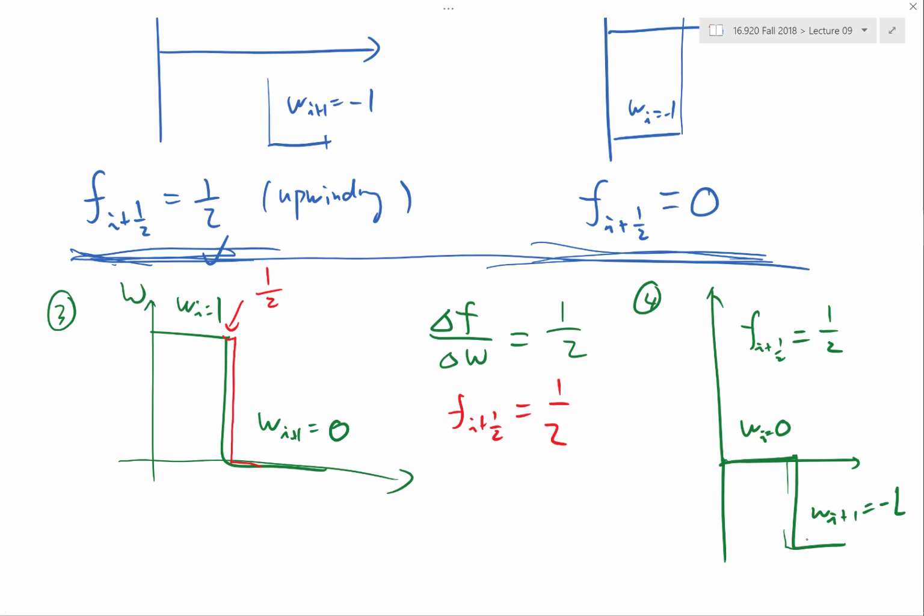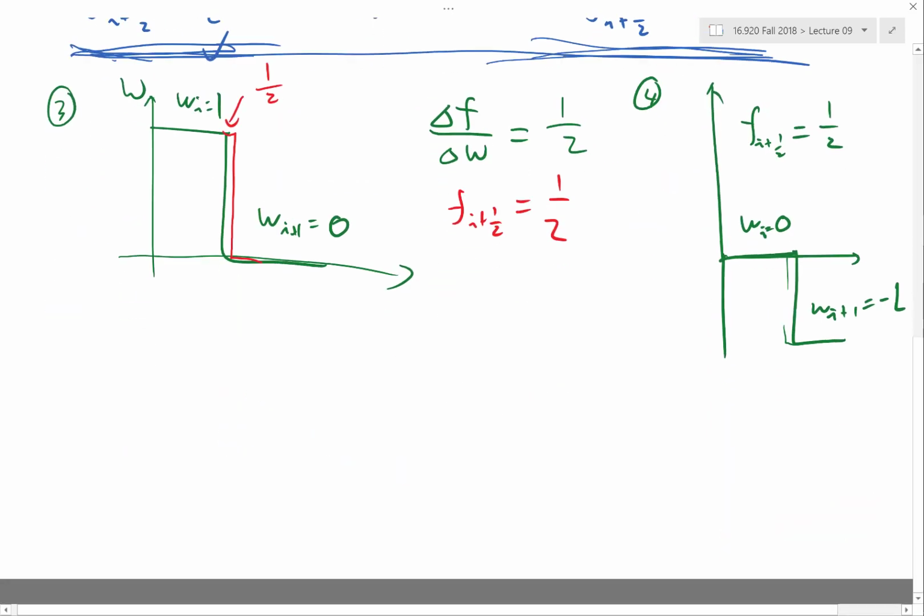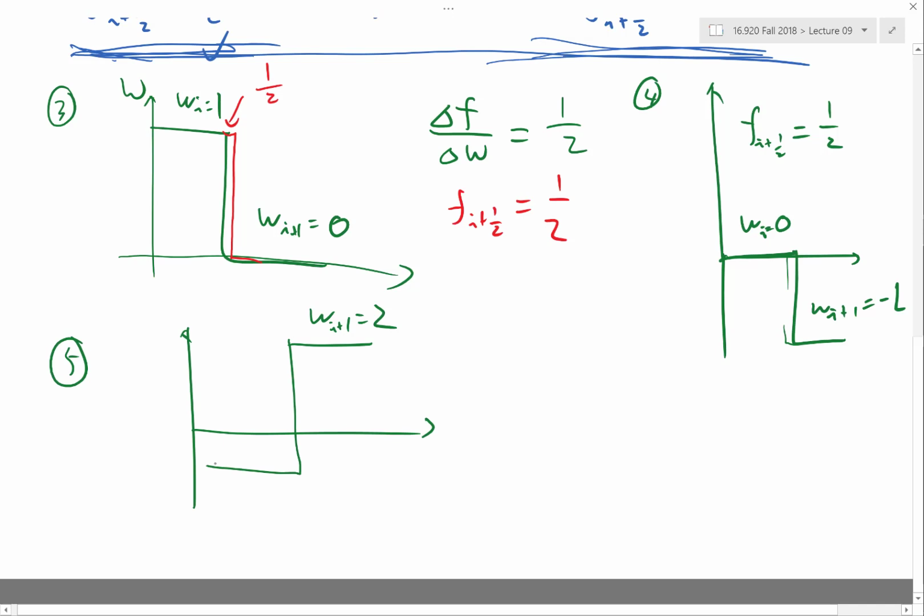So, yes. Okay, so let me give you another case, the final case. So let's say Wi plus 1 is equal to 2, and Wi is equal to minus 1. All right. So what should the flux be in this case? Zero.